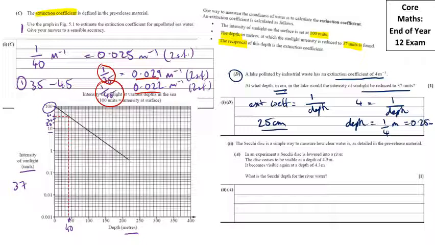The last bit moves away from the extinction coefficient to look at the Secchi disk. So the information it gives us here is it's lowered in. We know it ceases to be visible at 4.5 metres, becomes visible again at 4.3, and the key bit of information from the pre-release material was this. We just need the mean of these two, which gives us the Secchi depth.